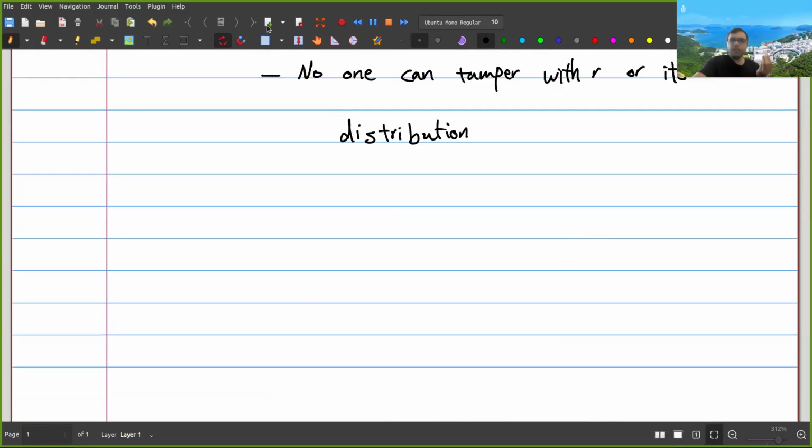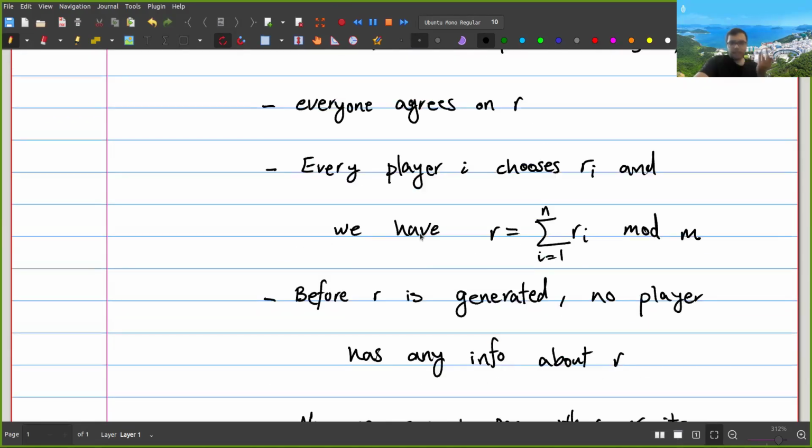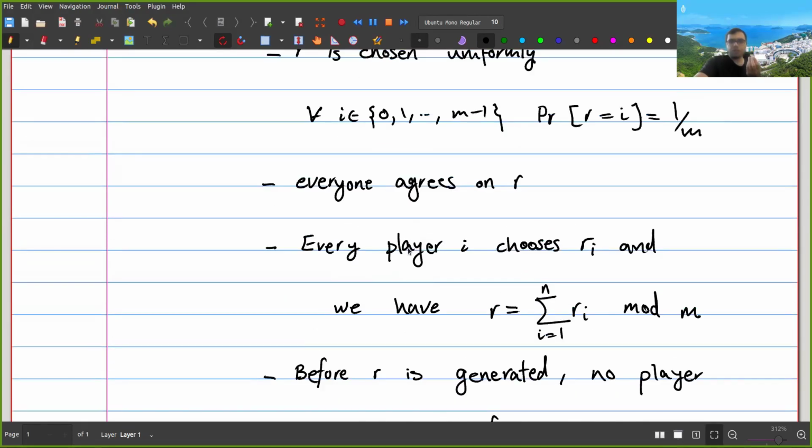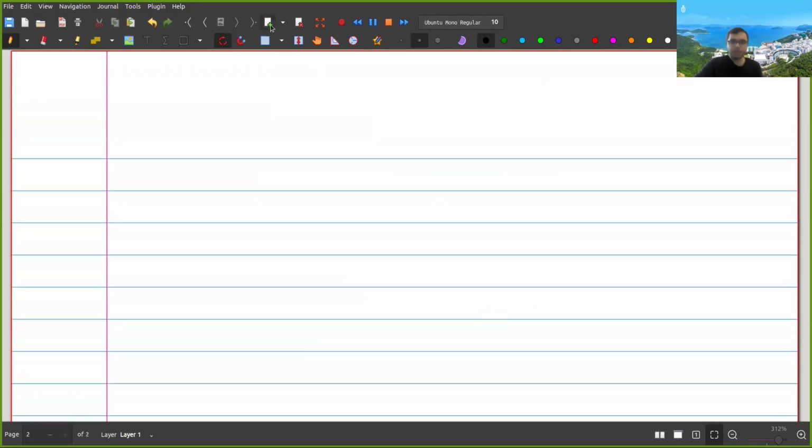So what I need is a way of commitment that can be opened by the other players. I want to make sure that if I have an attacking player, someone who's committed but is not revealing, then the other players can come together and reveal the value of this player. Okay. Now, how can I achieve this?